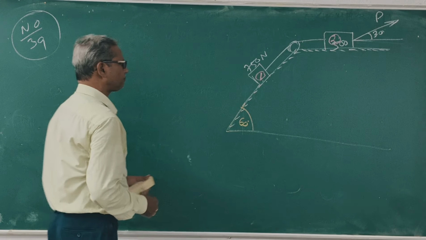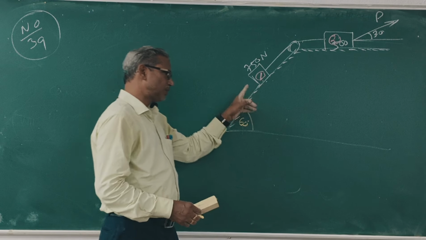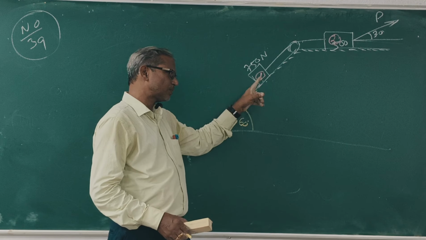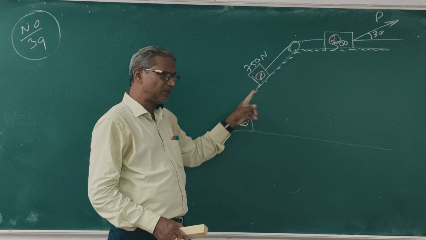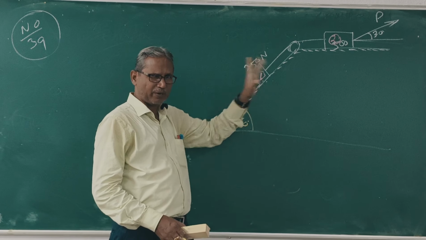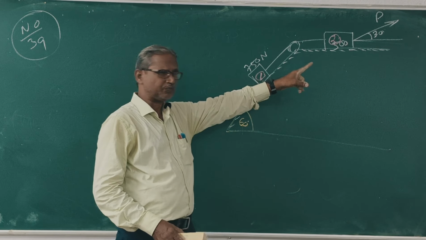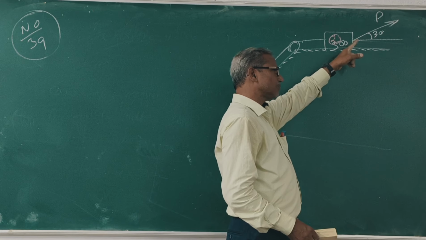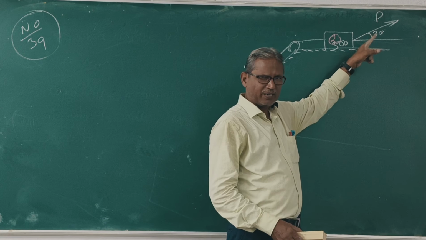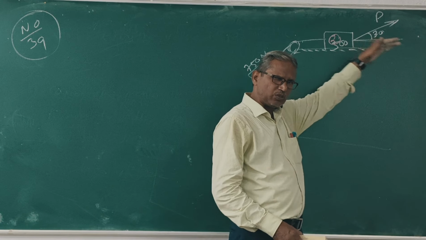Now, here the block tries to move downwards, but the force P is applied to the upper block. Now, come to here. The force P applied to the upper block, the block tries to move right side.